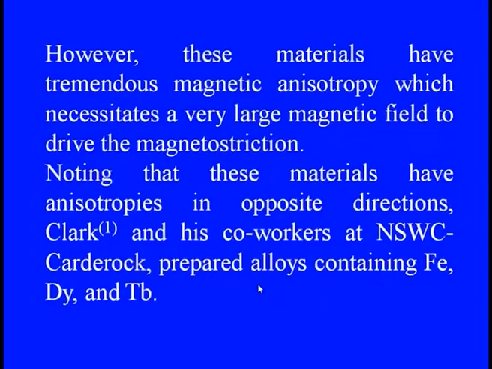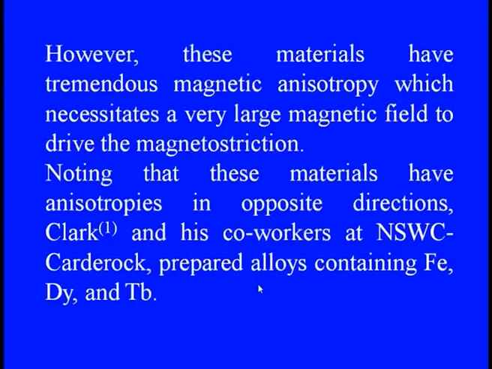So, we can say that these materials have this anisotropic feature in the opposite direction, which can be shown with either cobalt or Terfenol-D, because these materials have a tremendous magnetic anisotropic feature, and certainly a very large magnetic field is required to drive these magnetostriction features.